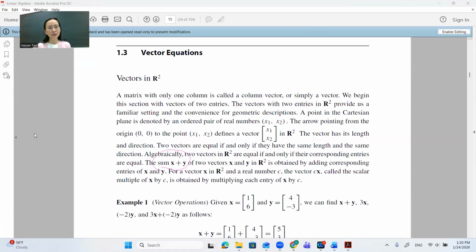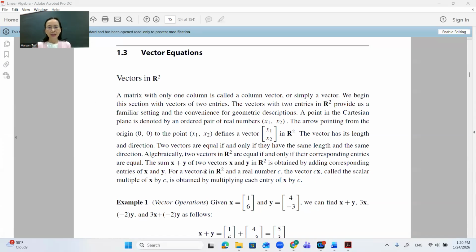We can also do the constant multiple of a vector. So if you multiply a certain vector x by c, that is a constant multiple. So we call it cx. So it's just a notation. As you can see, we can denote a vector here by a boldface letter.